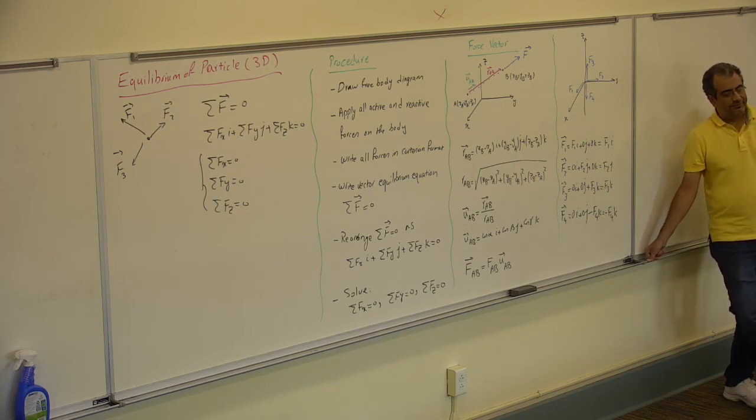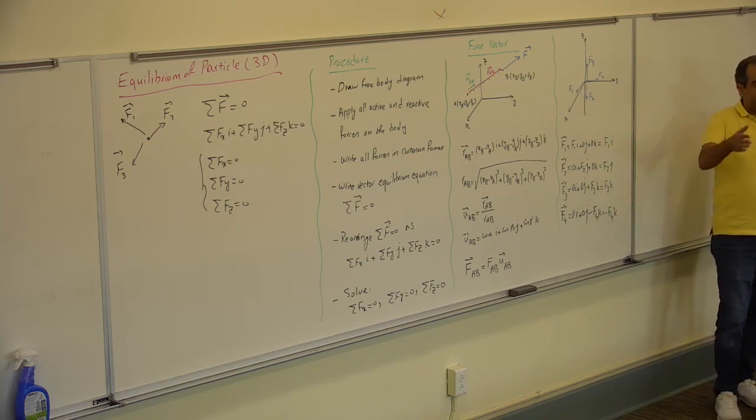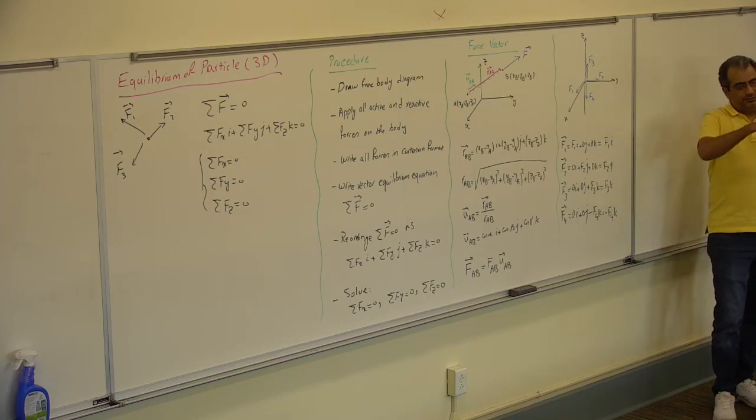Gravity. Weight. Yeah. So when we want to write weight in this notation, it would be negative, or minus, the magnitude of the weight k.